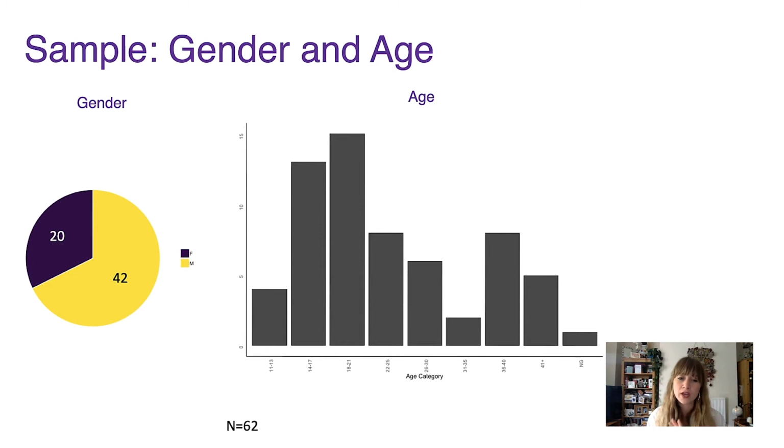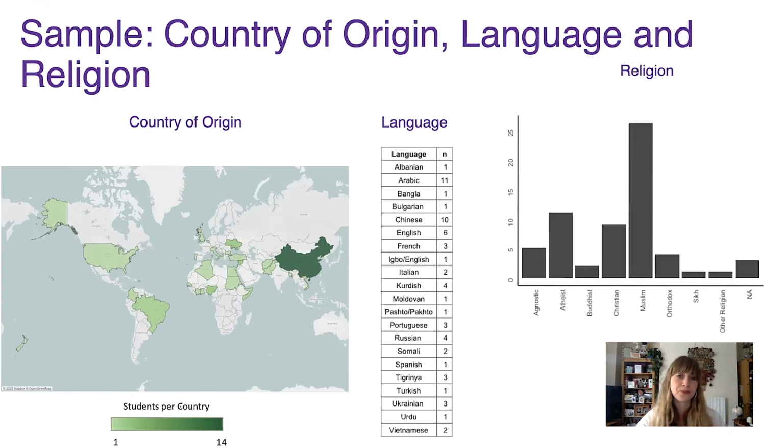However, we have this kind of greater concentration of individuals falling into the 18 to 21 and 14 to 17 categories. Then we can look at the country of origin, language and religion of the students. The map on the left shows the country of origin of the students of the sample, which is denoted in green.